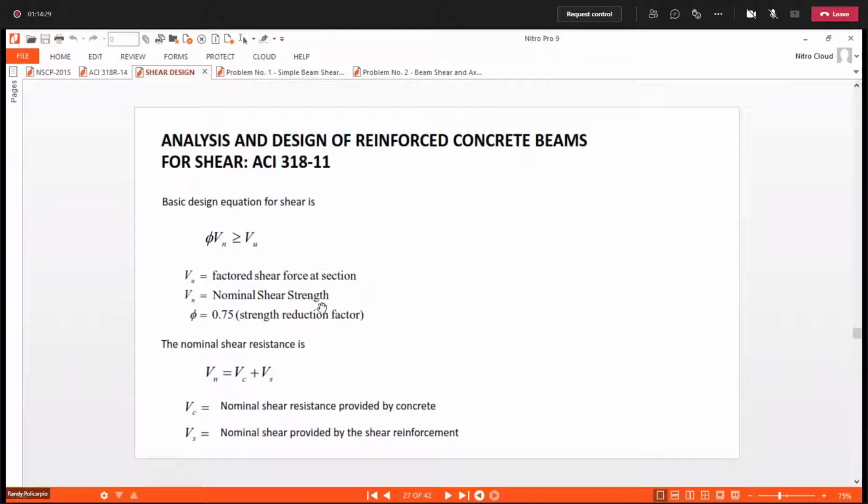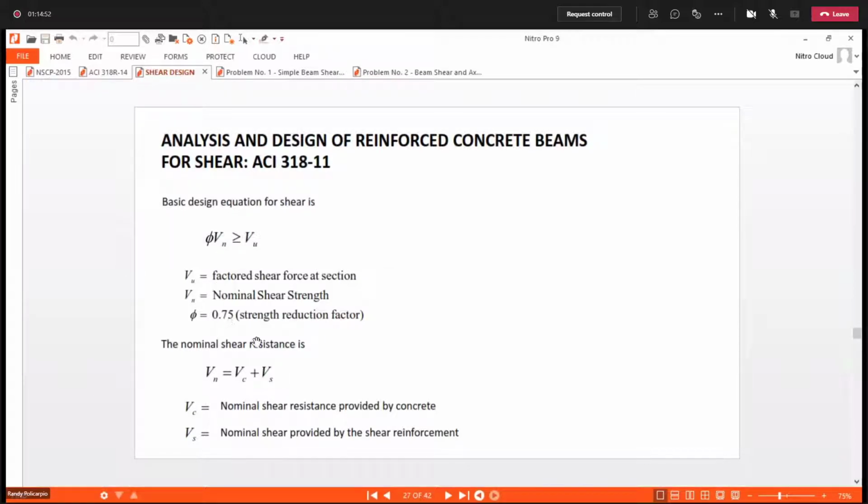Usually when we compare, we are talking of the maximum shear, Vu. So remember, Vu comes from your shear diagram. The φVn is the factored shear strength of the beam.